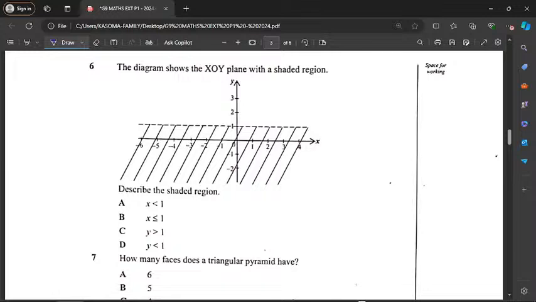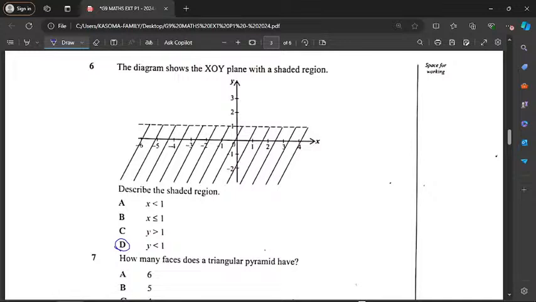Which statement is true? Y is less than 1? It is D. That's the correct answer. Y is less than 1.